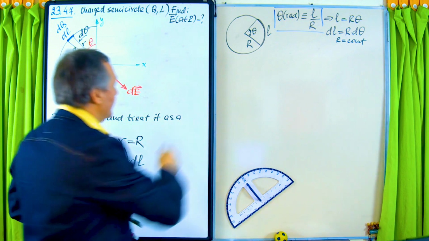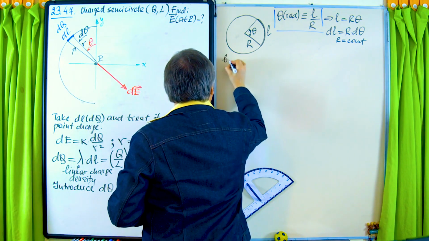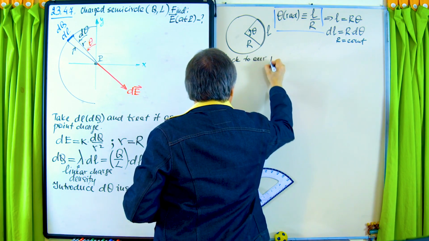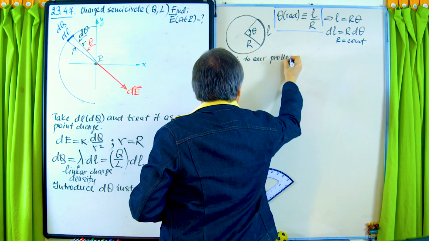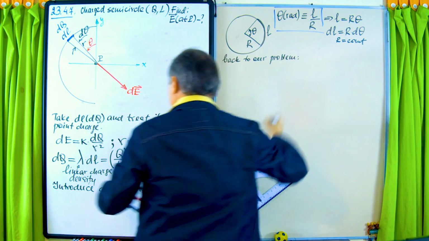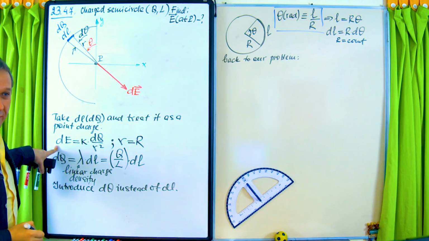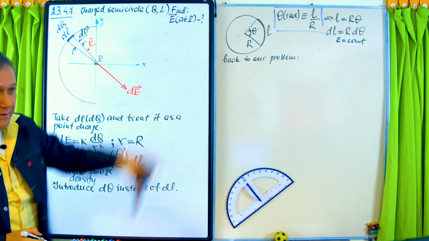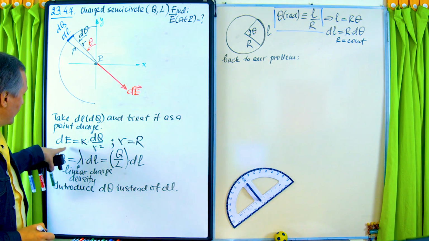All right, so now let me write back to our problem. Let me write dE. Now we know how to write dl in terms of theta, so let's put it all back into dE.